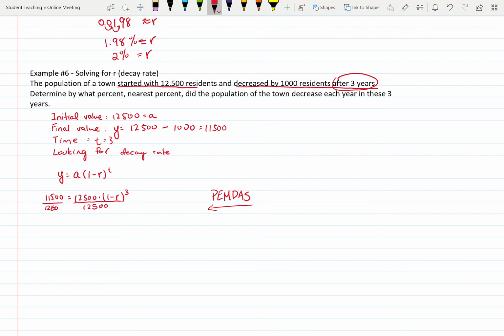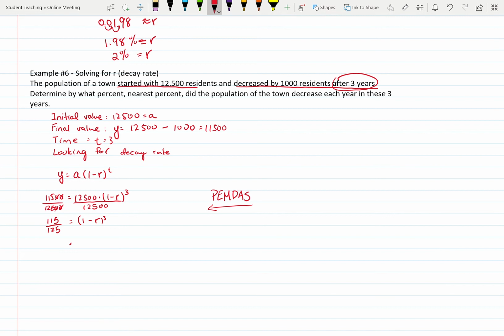This is the first thing we need to do. That gives us 1 minus r raised to the third power equal to, again we can simplify this a little bit, 115 over 125.